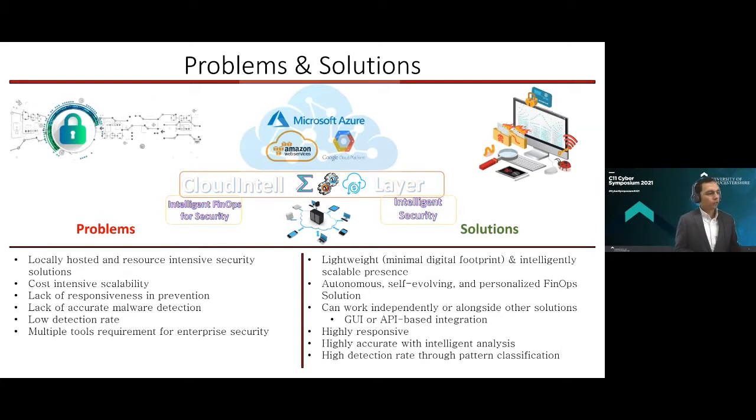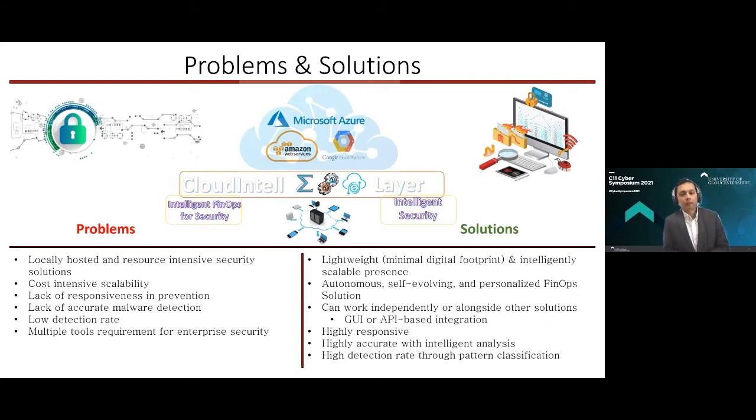So problems: locally hosted and resource intensive security solutions, cost intensive scalability, lack of responsiveness in prevention, lack of accurate malware detection, low detection rate, multiple tools requirement for enterprise security. What's the solution that we provide? Lightweight, minimal digital footprint, and intelligently scalable presence.